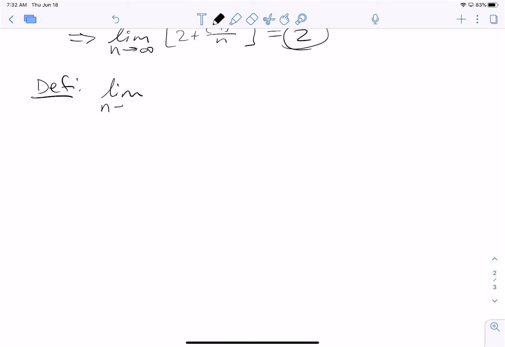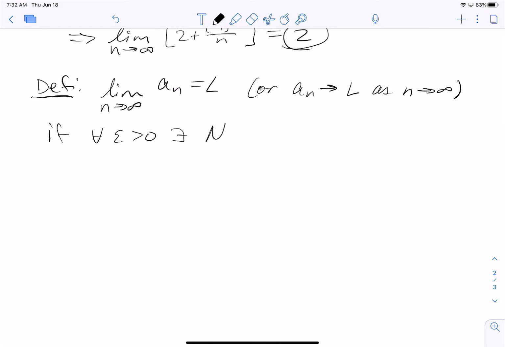We say that the limit as n approaches infinity of a sequence a sub n is equal to L, or we can write that a sub n arrow L, approaches L as n approaches infinity, if for every epsilon greater than 0 there exists a number uppercase N, such that if lowercase n is greater than uppercase N, then the absolute value of a sub n minus L is less than epsilon.